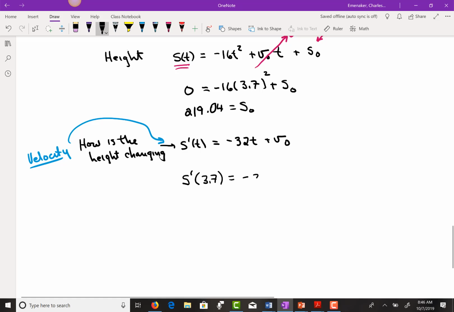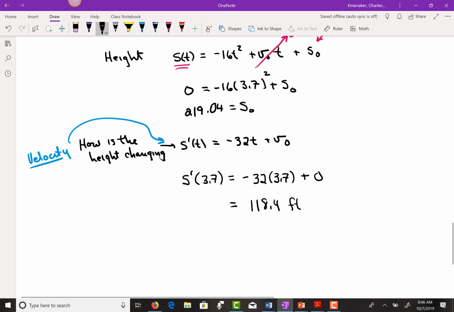So it's going to be a negative 32 times 3.7 seconds plus, what was the initial velocity? 0. Equals, well, if we take this and multiply it out, negative 32 times 3.7 equals 118.4.